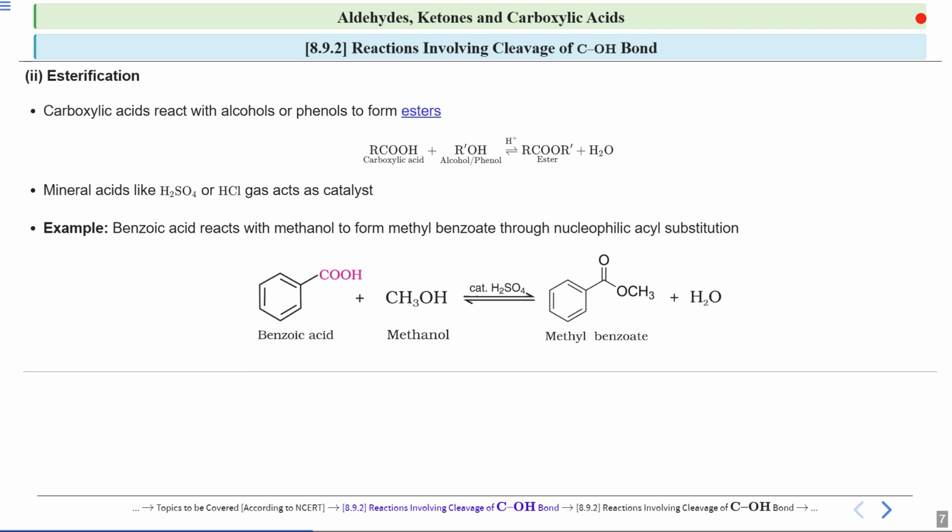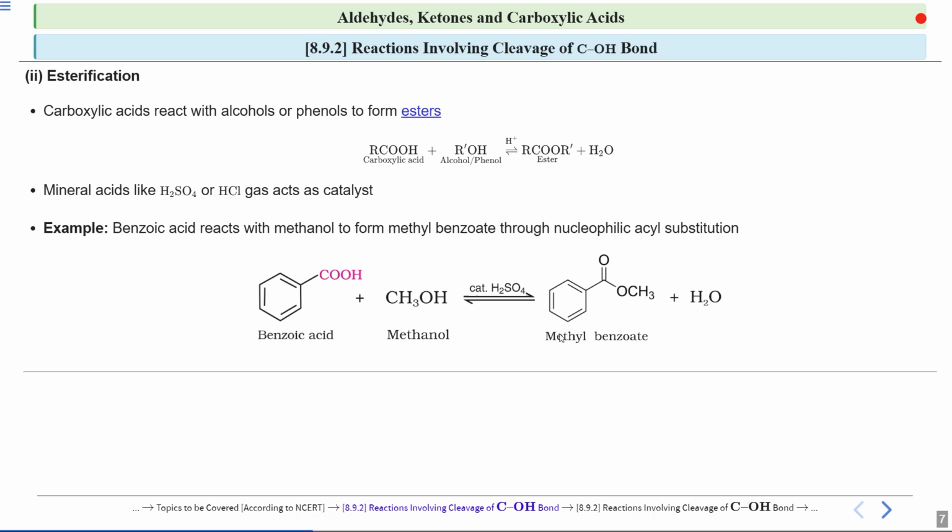If you look at this example, here you have benzoic acid. This benzoic acid reacts with methanol, which is CH3OH. In the presence of H2SO4, you get methyl benzoate, which is an ester.